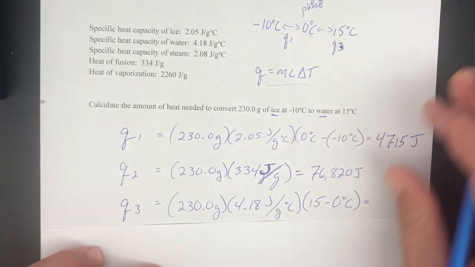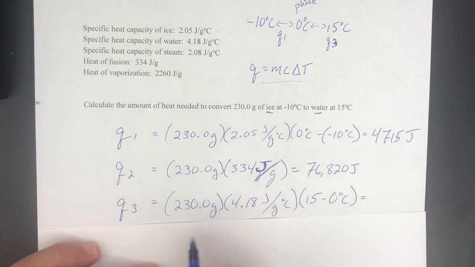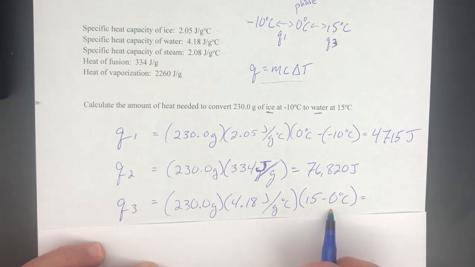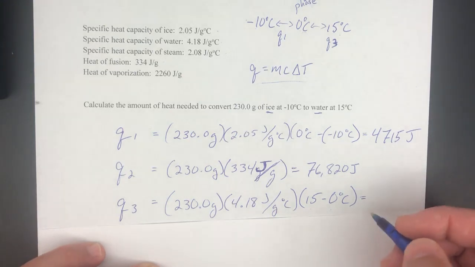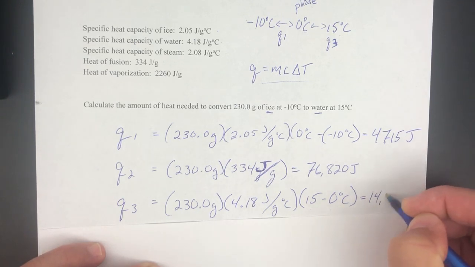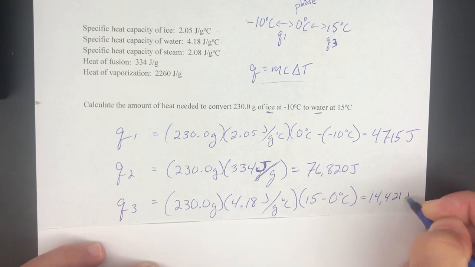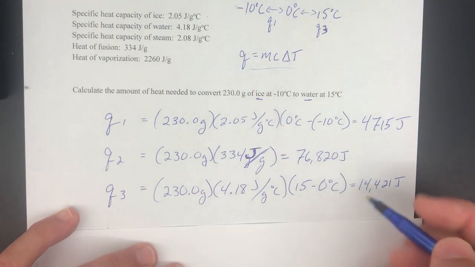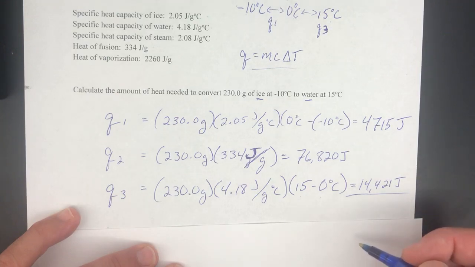We have 230 grams times the specific heat capacity of water, which is 4.18 joules per gram degree Celsius, times a final temperature of 15 degrees Celsius, starting from water at 0 degrees Celsius. The value for that comes out to be 14,421 joules.